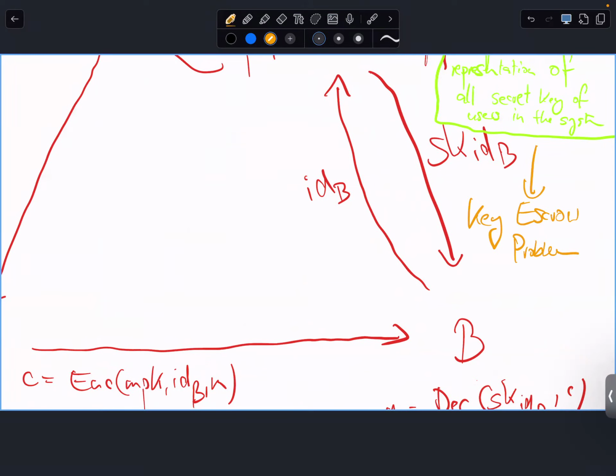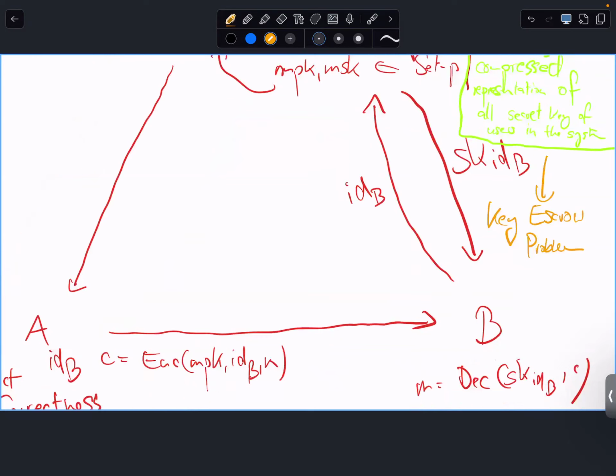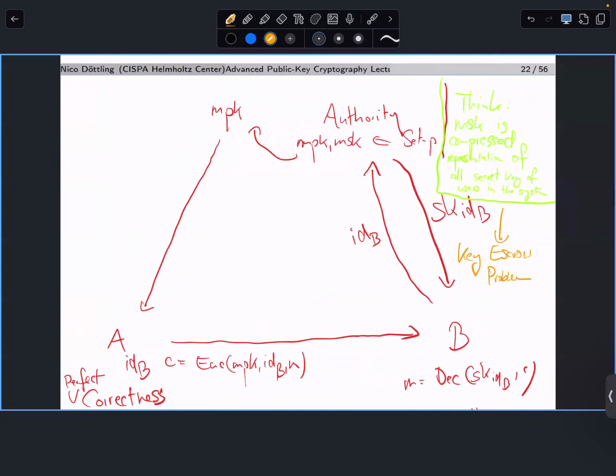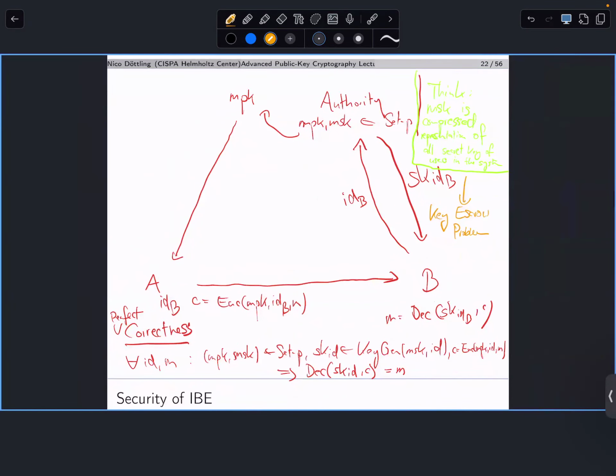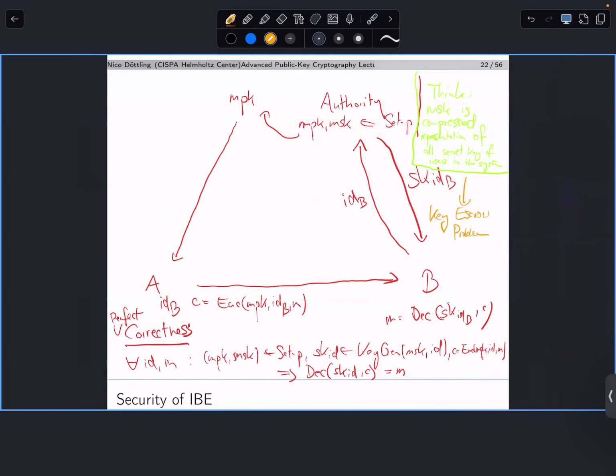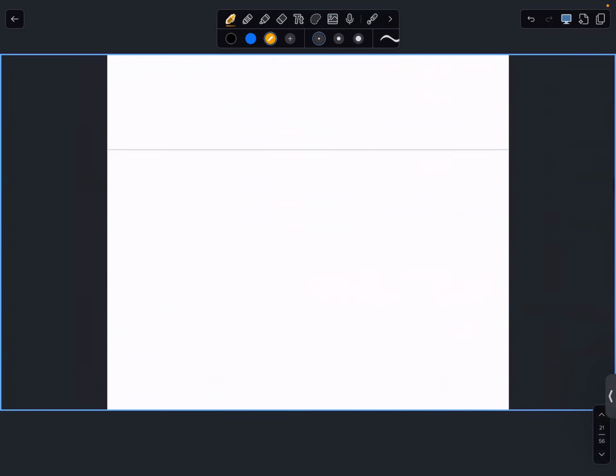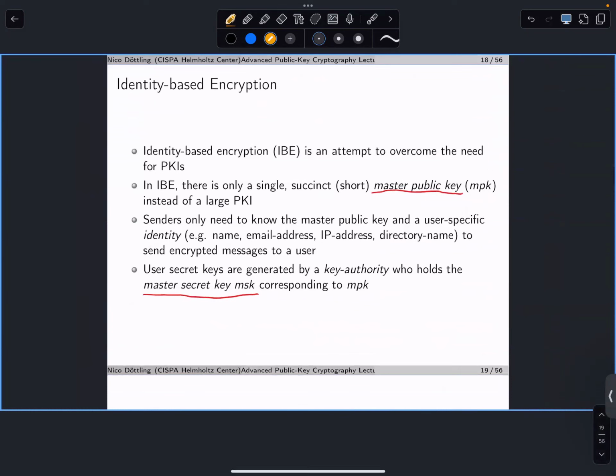However, this was how identity-based encryption was first envisioned, right? But I personally think this motivation here, encrypted file systems, is much better, right?